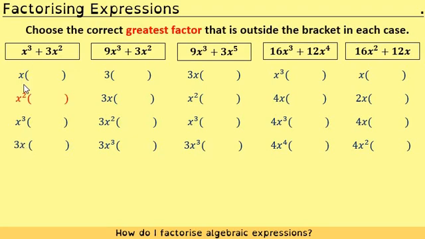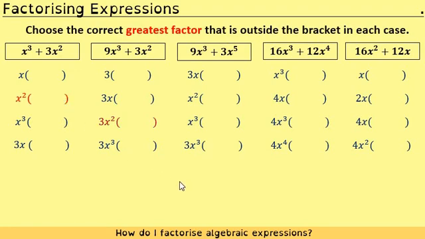Now, it is possible to take out a factor of x, like the first option, but actually, because we have x cubed and x squared, the biggest possible option is x squared, isn't it? Now, x cubed is incorrect because even though we have x cubed here, so it's possible to take out x cubed from the first term, the second term only has x squared, so we don't have enough x's here to take out x cubed. So that's why this one is correct.